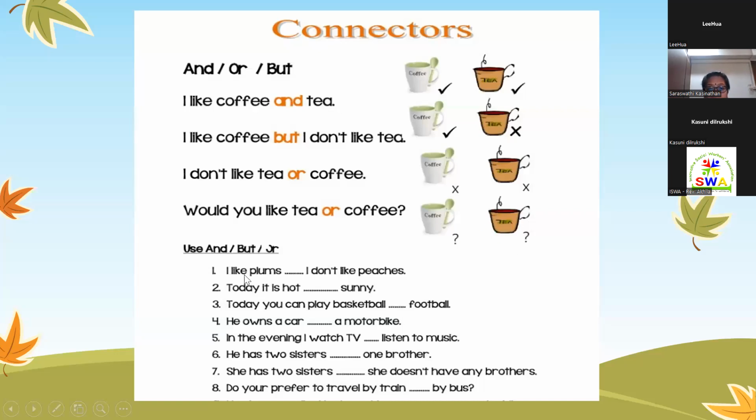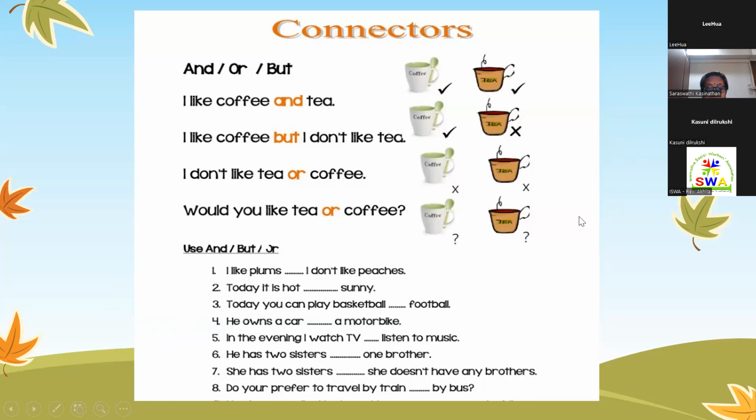Okay. Now let's look at the sentences here. Okay, I would like somebody to read and give me the answer. All right, who would like to go? Kasuni, would you like to try? The first one. So use and, but, or. Thank you, Kasuni. Anybody else?